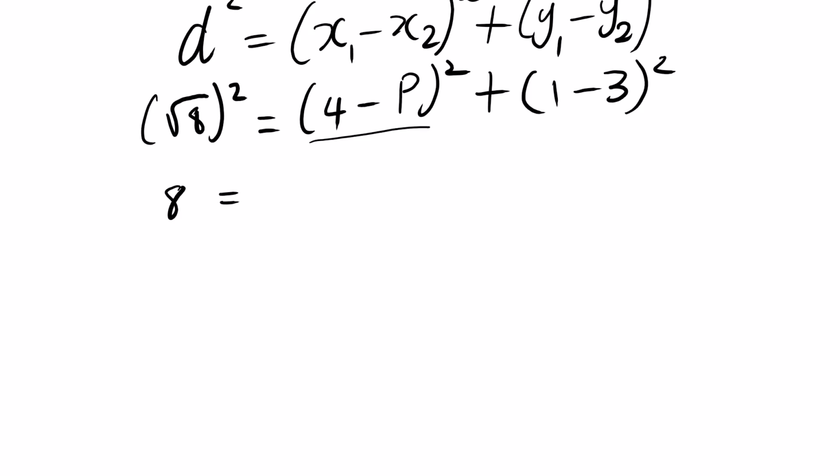Now we need to solve this. We can start by expanding. Plus 1 minus 3 is negative 2. Negative 2 to the power 2, it's actually 4.